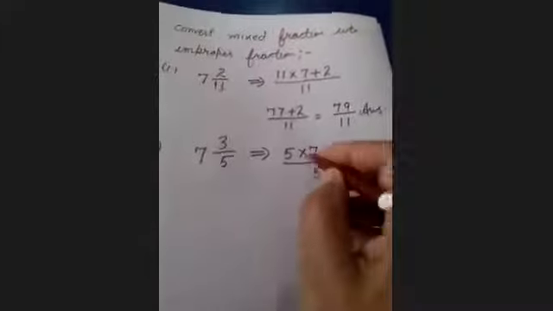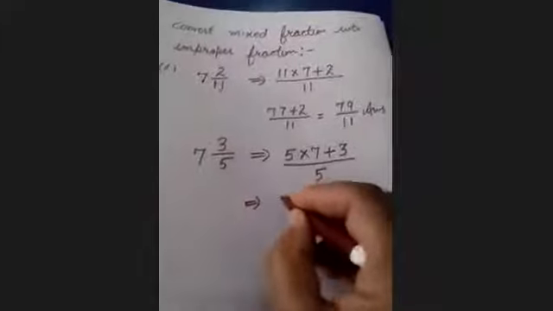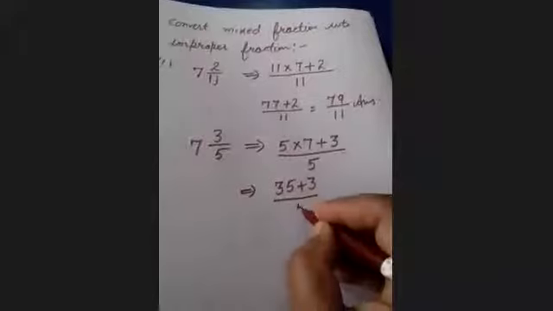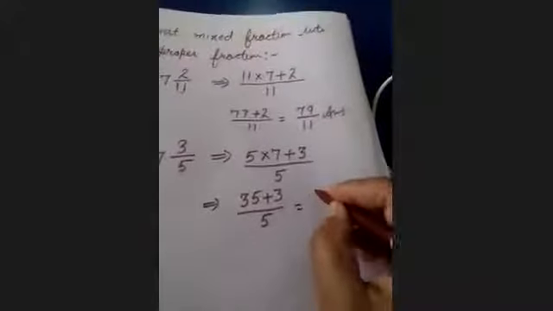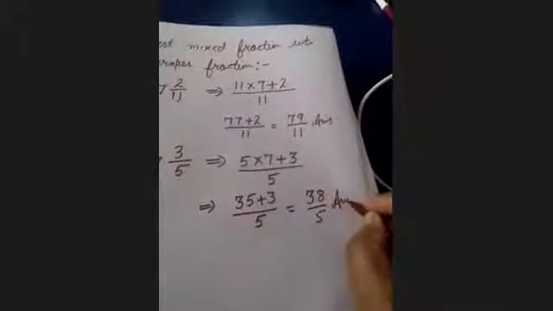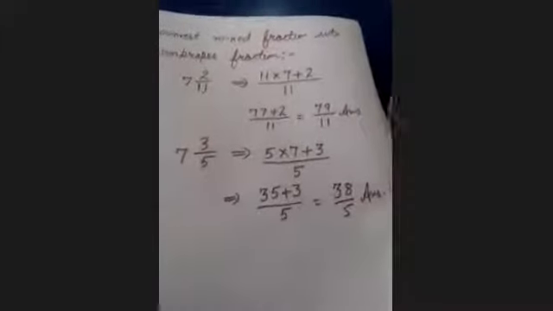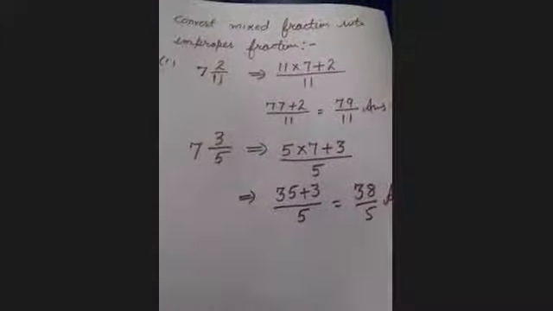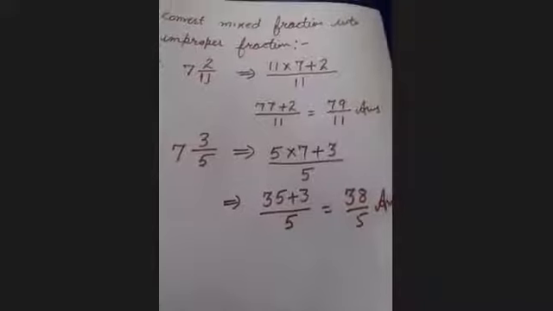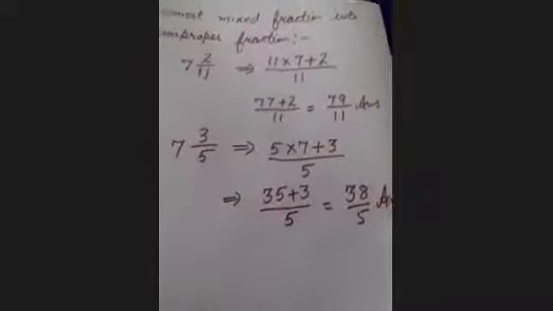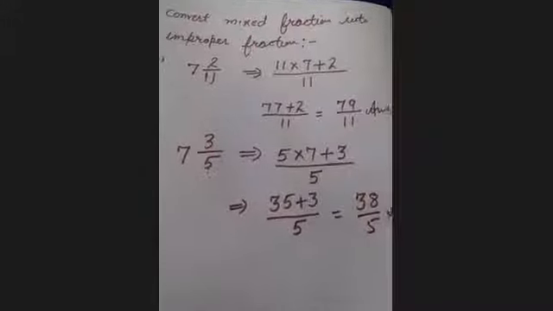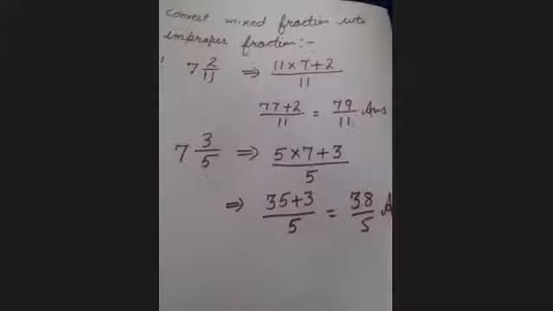Now solve it. 5 7s are 35, plus 3 upon 5, that is 38 upon 5. Clear, friends?